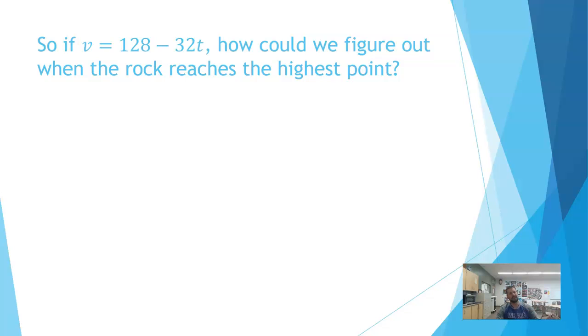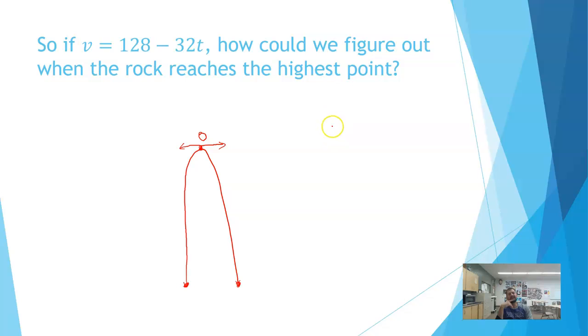Now, a better question might be, how could we figure out when the rock reaches its highest point? If we think about it again, the rock goes up and it comes back down. That might be kind of like a function that tells us how high the rock is at any given time. At the very top right here, the slope of the tangent line at that point would be 0.